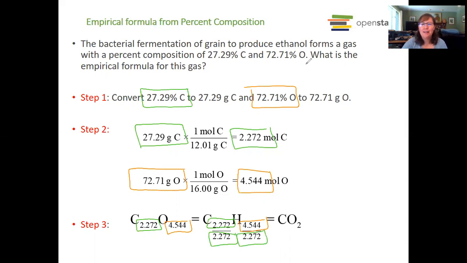And that comes out evenly to give you C1O2, or CO2. So what it's releasing is carbon dioxide. Very, very common, because here we were talking about bacterial fermentation. Basically, anytime you are respirating, whether you're bacteria usually, or humans, or dogs and cats, your respiration releases carbon dioxide.